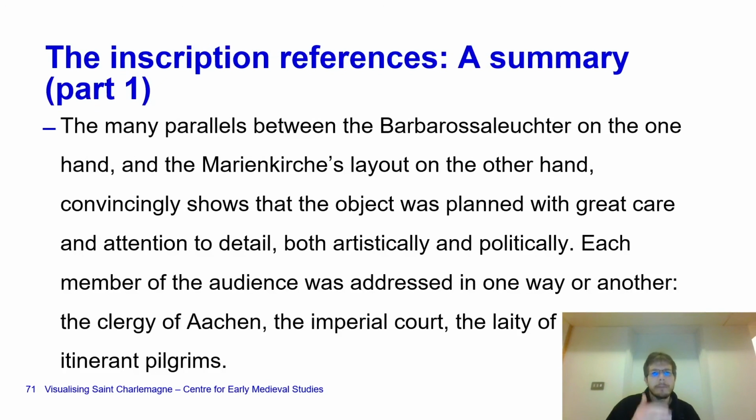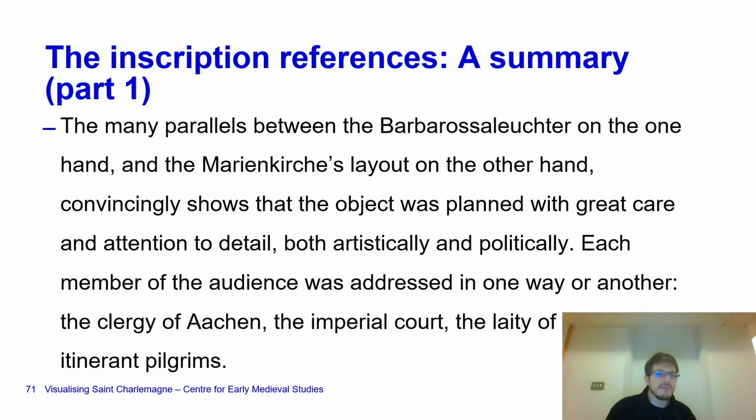Now, to summarize, the many parallels between the Barbarossaleuchter on the one hand and the Marienkirche's layout on the other convincingly show that the object was planned with great care and attention to detail, both artistically and politically. Each member of the audience was addressed in one way or another: the clergy of Aachen, the imperial court, the laity of Aachen, the itinerant pilgrims.